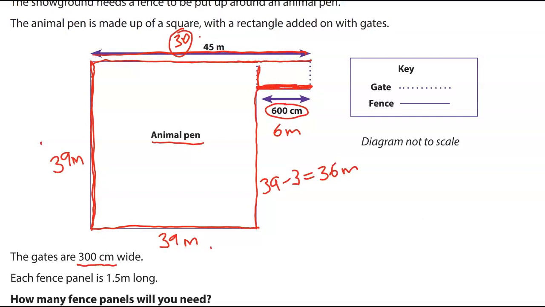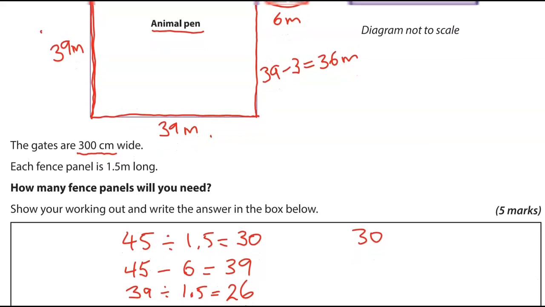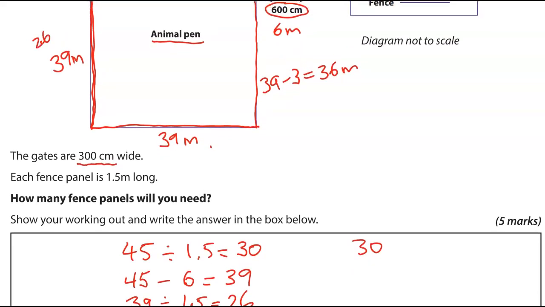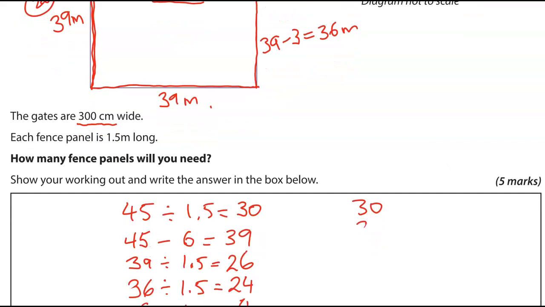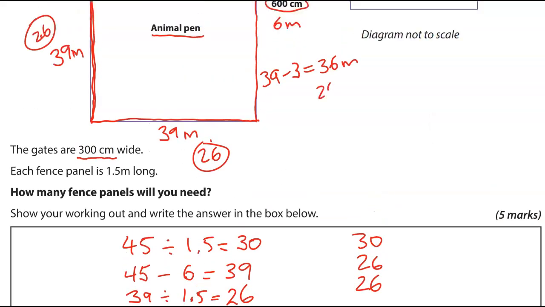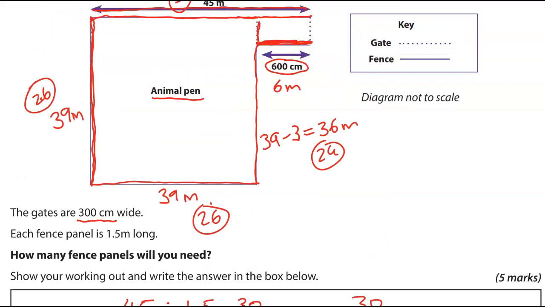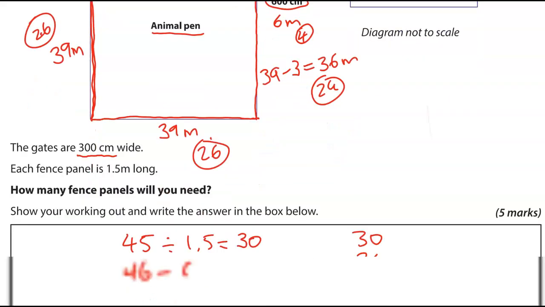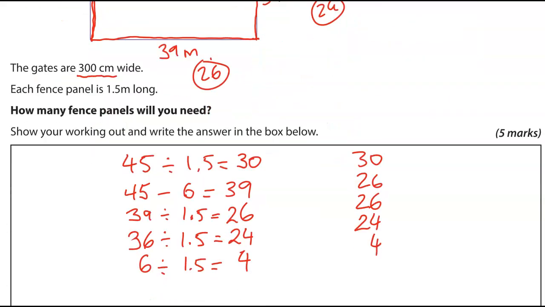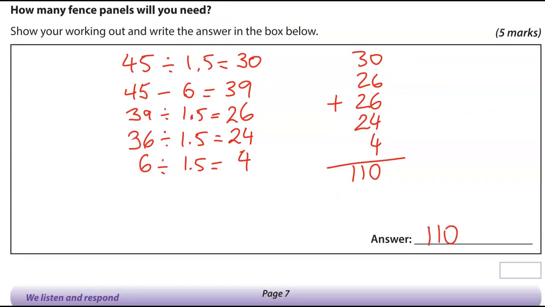So here we have 30, then it was 26 on this side and 26 here and 24 and finally 4. That's equal to 110 panels, and that's the answer.